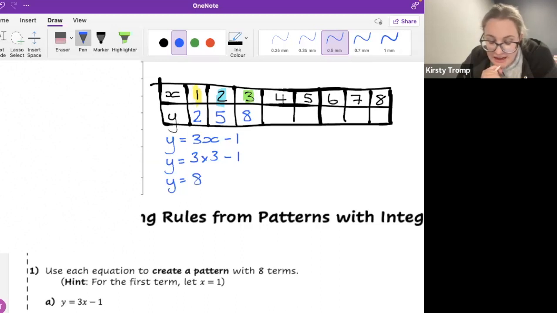I said, instead of seeing x, I said 3 times, and instead of putting the x, I said 3. So I substituted in the x for 3. Can you see I said 3 times 3 minus 1? 3 times 3 gives me 9, and 9 minus 1 will give you 8. Oh, I see, ma'am. Does it make sense? Okay, cool. Thank you for your question. Thank you, ma'am. You're welcome.